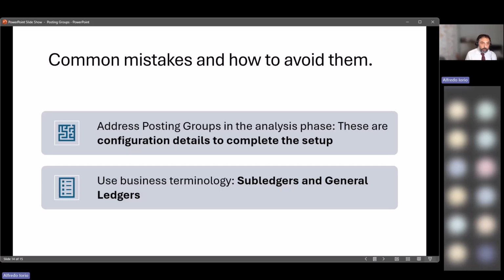So, common mistakes to avoid, and I've been guilty of those mistakes many, many times, particularly the first 4 or 5 years in my career, where my focus was primarily on operations. I used to be the warehouse management guy, the operations consultant, the supply chain consultant, but I just ignored all the finance part of it.